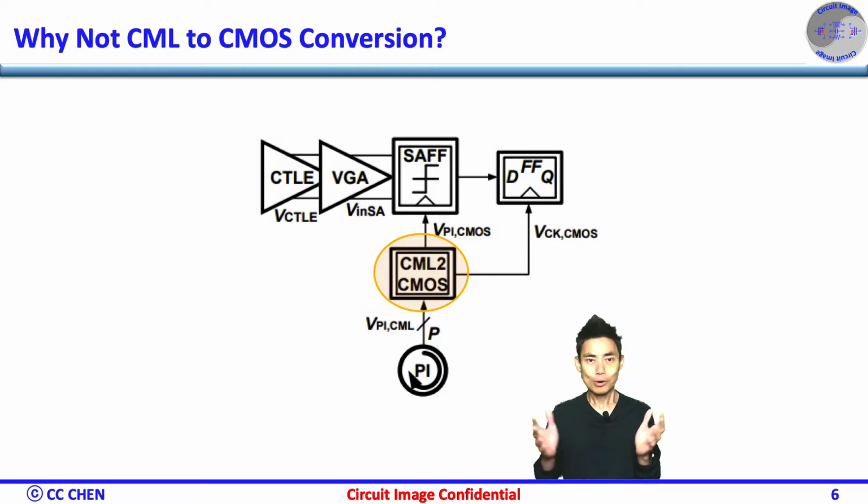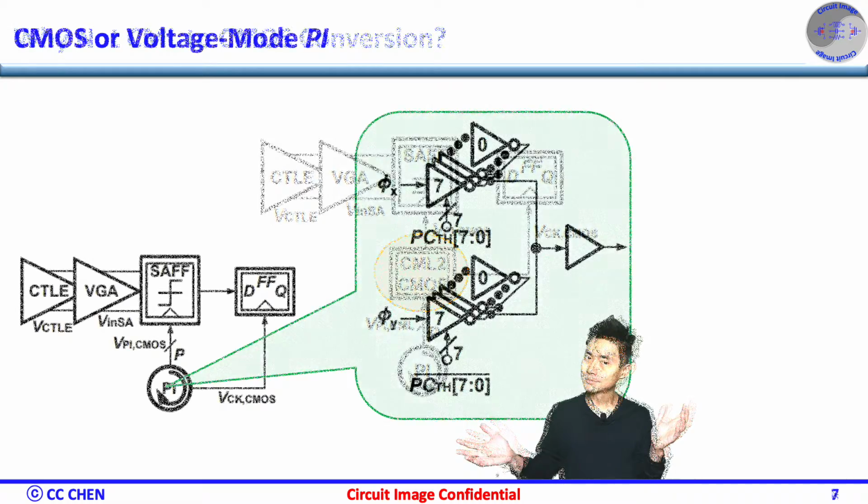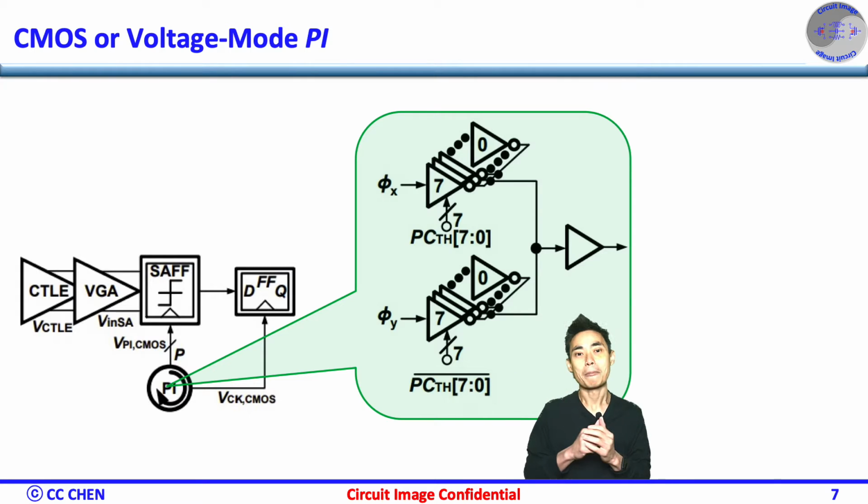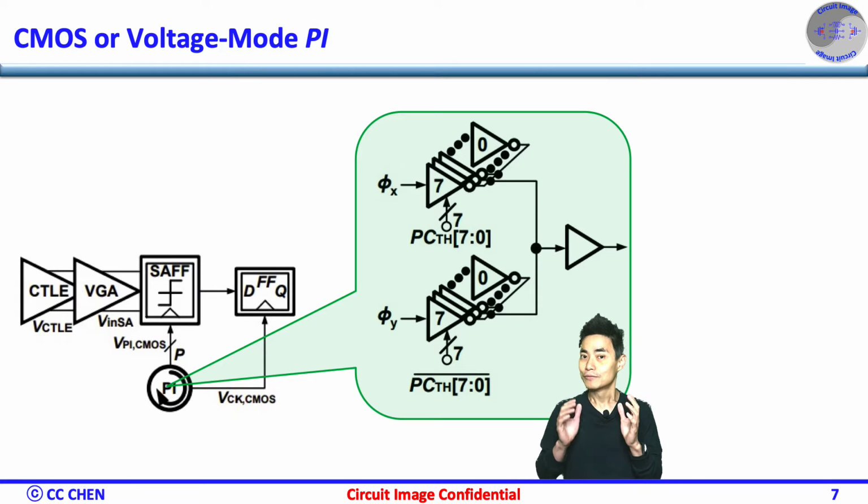Then, what can we do? Correct. As we discussed, the voltage mode driver in a CMOS topology. We could also apply the CMOS or voltage mode for the PI, which would inherently be compatible with the StrongARM latch CMOS level without any need for the swing level conversion.